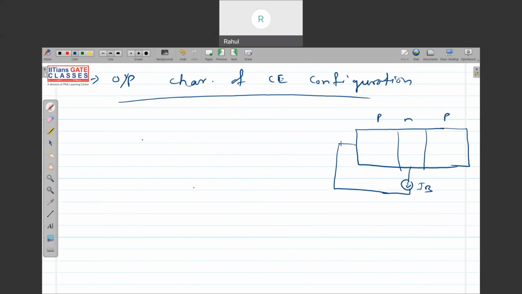If I vary VEC, we will see the characteristic like this.